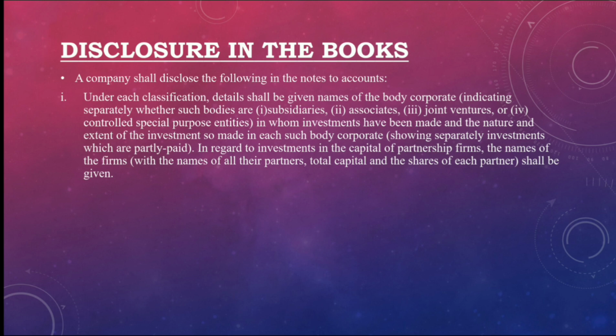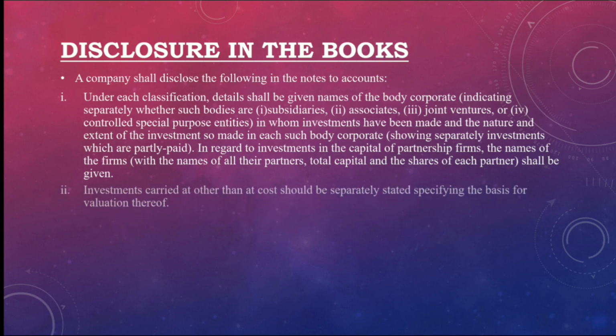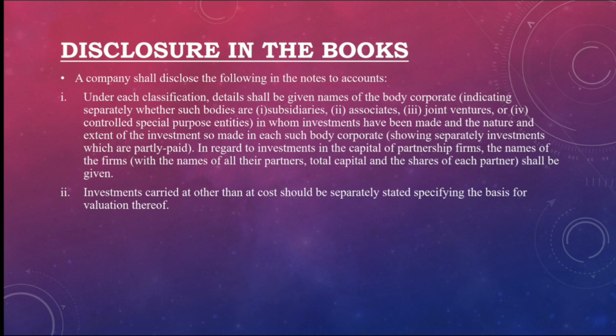Investments which are partly paid must be shown separately. Suppose we have agreed to pay a sum of around 1 lakh rupees, but we have only made a part payment, that is, we have only paid around 50,000 rupees. So that information also has to be provided separately. Investments carried at other than cost should also be separately stated, specifying the basis of valuation.